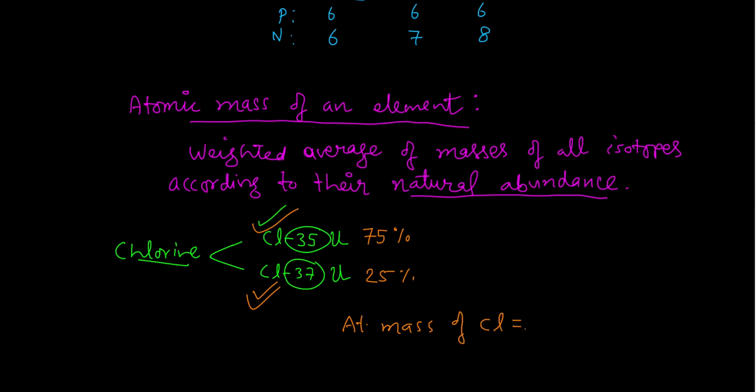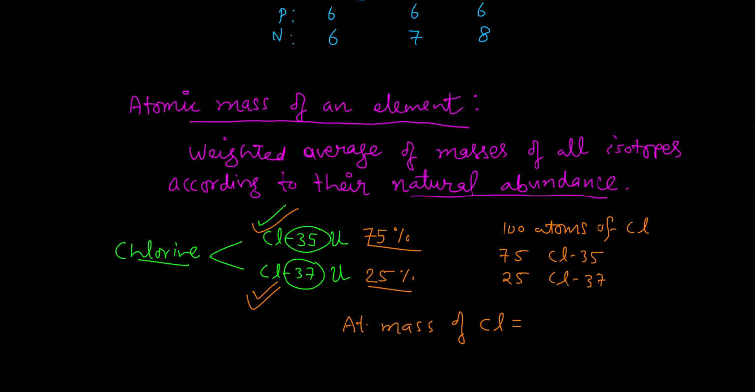It will be the weighted mass of these two isotopes. How will we calculate the weighted average? Suppose you take 100 atoms of chlorine. There will be 75 atoms of chlorine 35 and 25 atoms of chlorine 37.